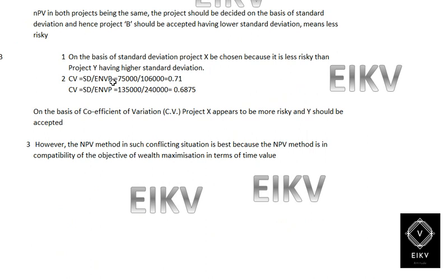So standard deviation is 75,000 for project X, that is 75,000 divided by 1,06,000, and 1,35,000 divided by 2,40,000. We will get 0.71 and 0.5625. So on the basis of coefficient of variation, project X appears to be much more riskier and Y should be chosen.